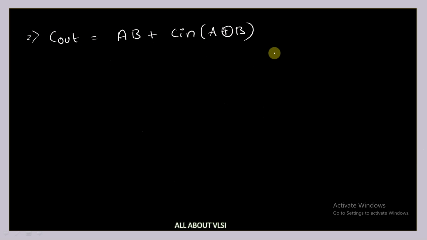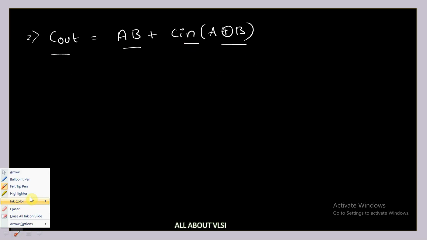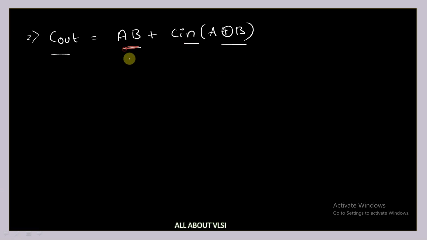So we already know the equation for your carry, C out. What is the equation of carry which we can write? AB plus C in into A XOR B. This is an alternate second equation of our carry in the case of full adder. This equation we have already derived in our previous classes. So C out is equal to AB plus C in into A XOR B. Now can I call this AB as carry generate? Yes.